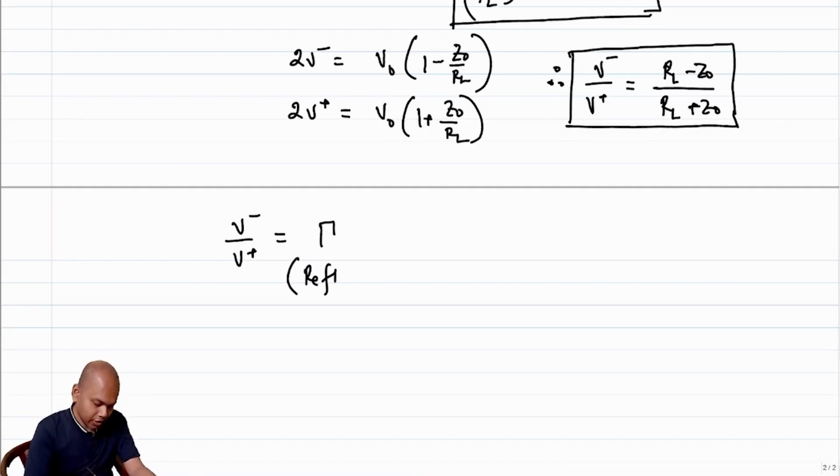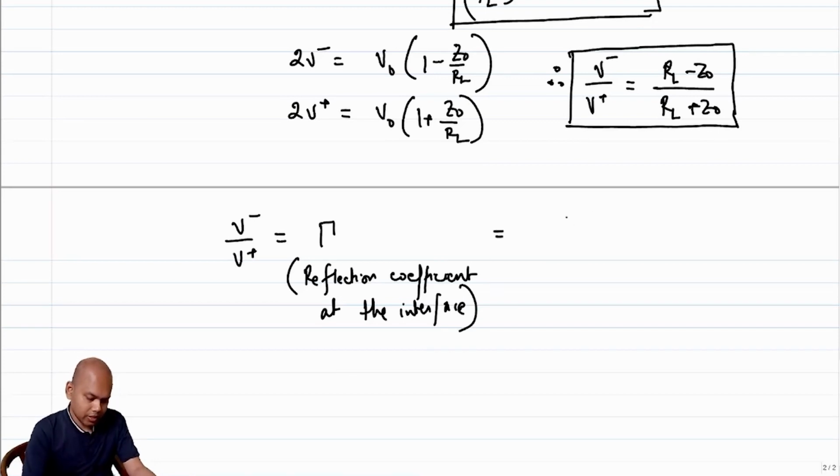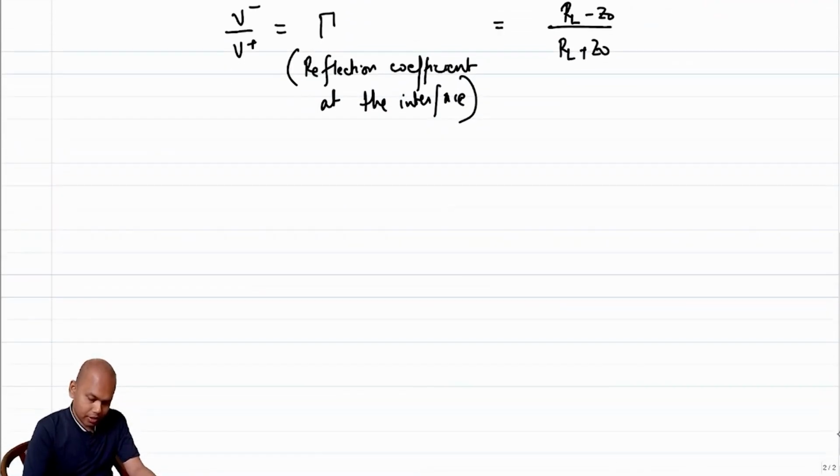This is the reflection coefficient at any interface, which is equal to (RL minus Z naught) over (RL plus Z naught). And the key takeaway from this is, for RL equal to infinity, i.e.